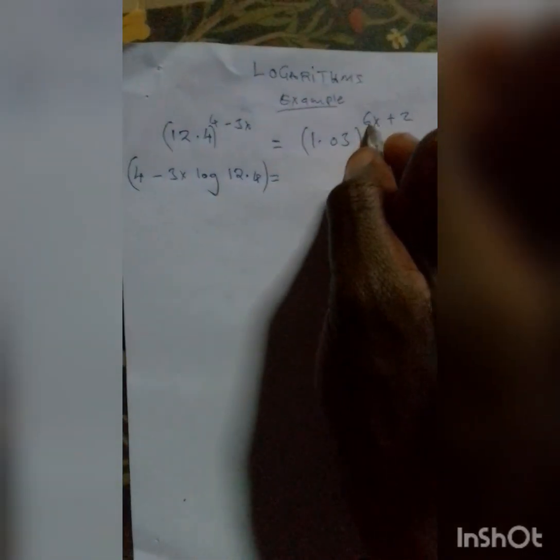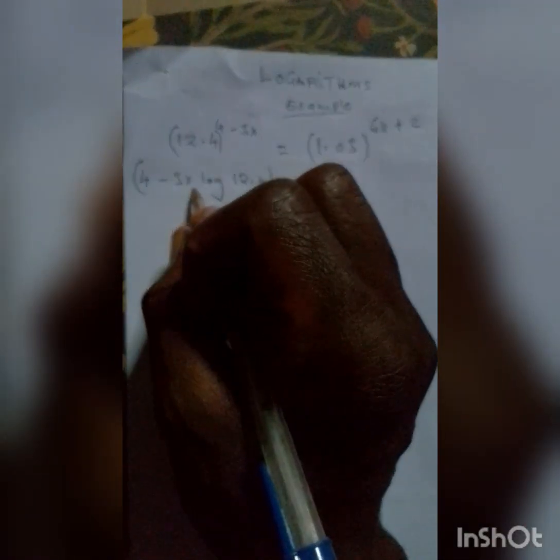Let me put it in writing: 4 minus 3x log 12.4, which equals this thing. You put them inside the bracket so that you may not confuse yourself. You begin again: the same thing that you did on this side, you apply to the right hand side. 6x plus 2 log 1.03. You put it again inside the bracket.